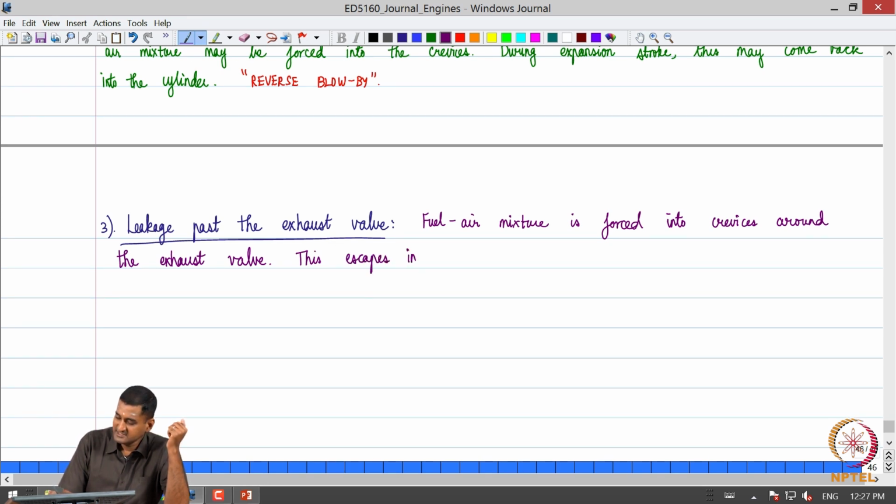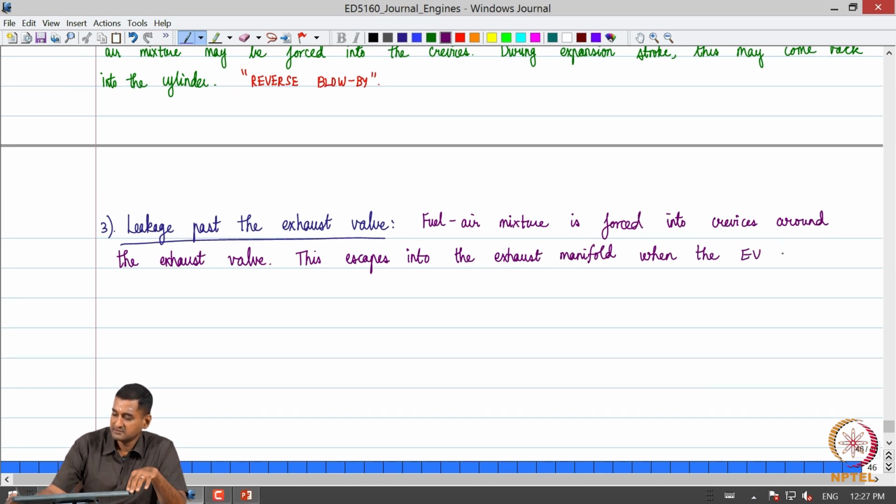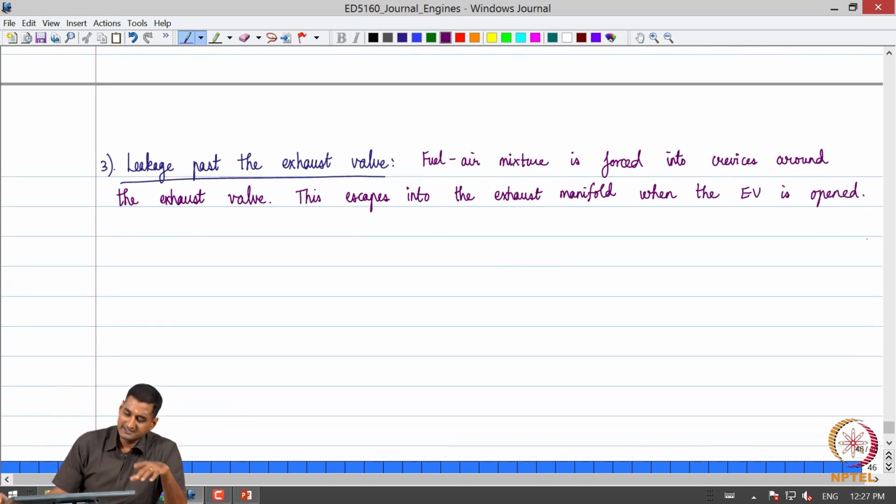So this fuel air mixture, which is stored in the crevices, escapes into the exhaust manifold when the exhaust valve is open. EV in this context means exhaust valve. So that is another reason. Let us look at more reasons.